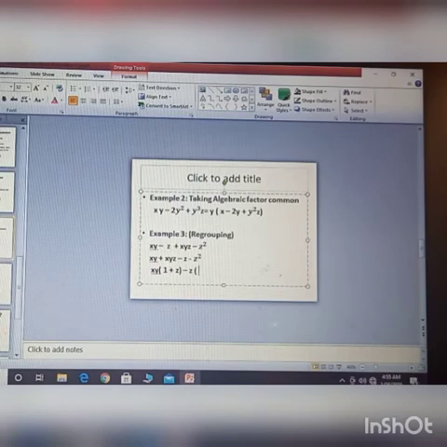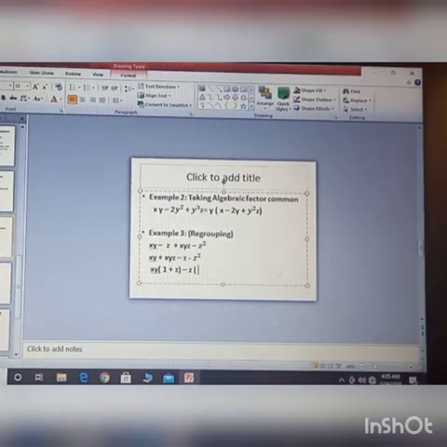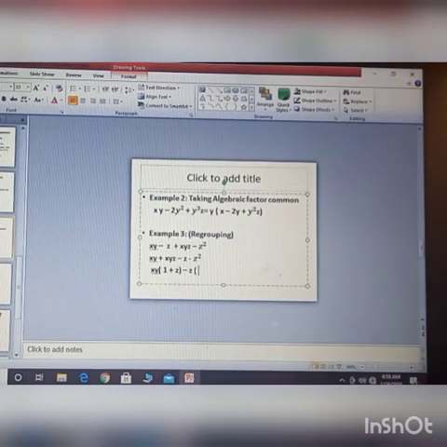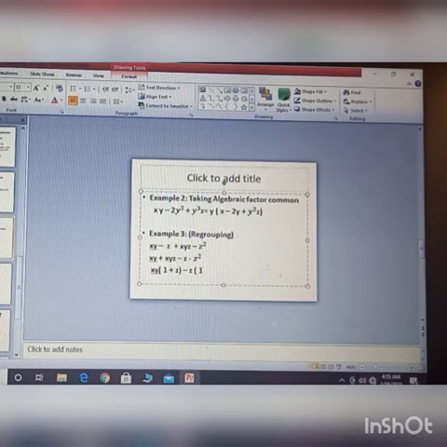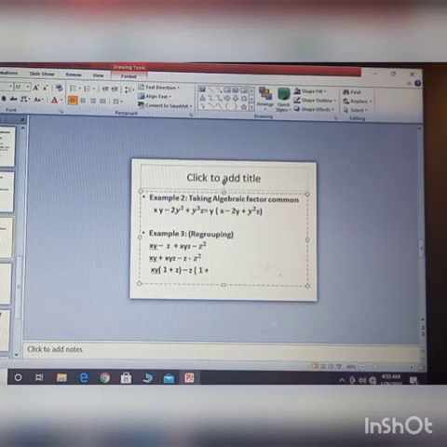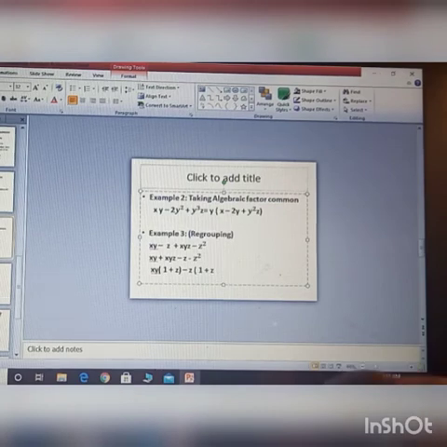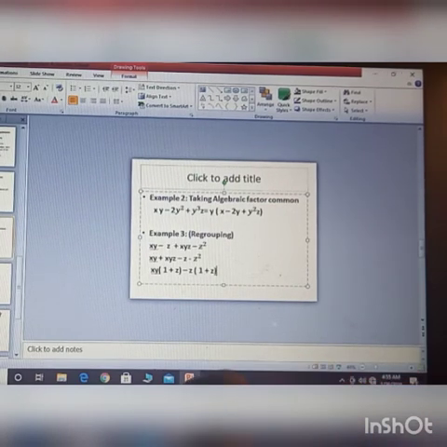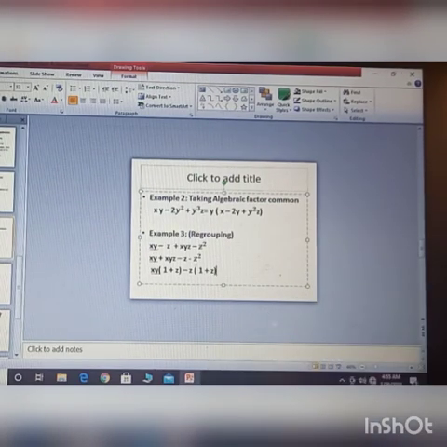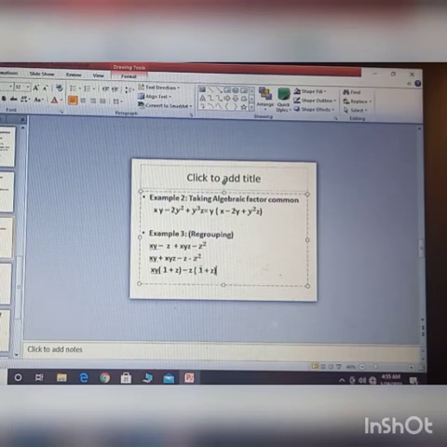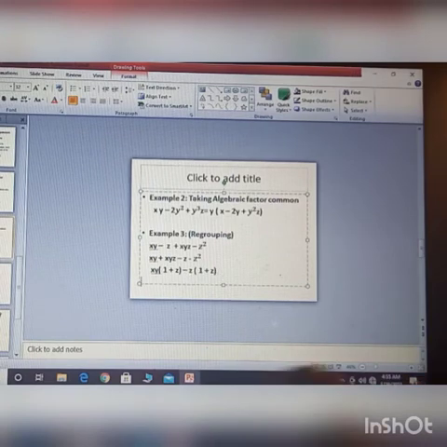Now what's left? 1 plus z is left inside, and we will close the bracket. Here the important thing is that the negative sign is also taken common out, because it was present in both of them. We took minus z common, and 1 plus z is remaining.